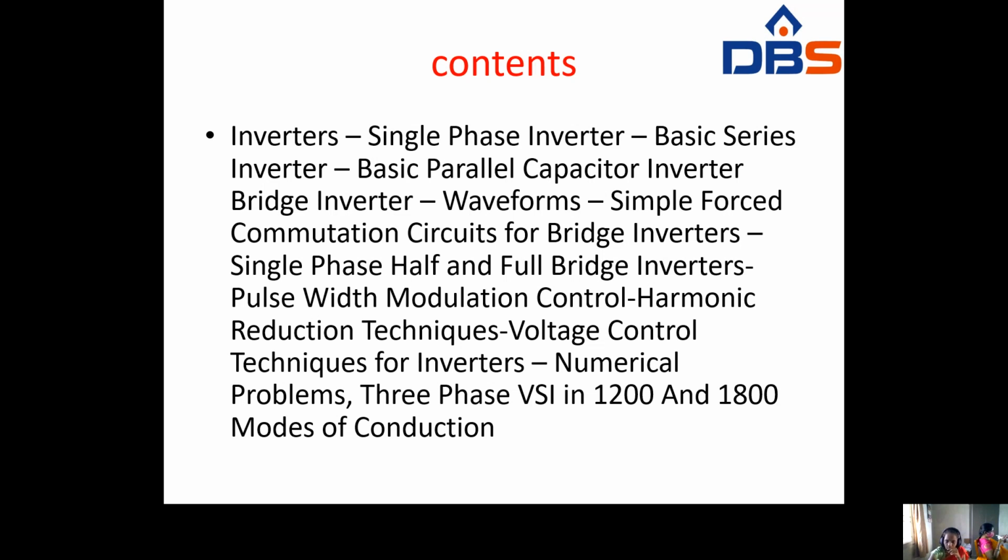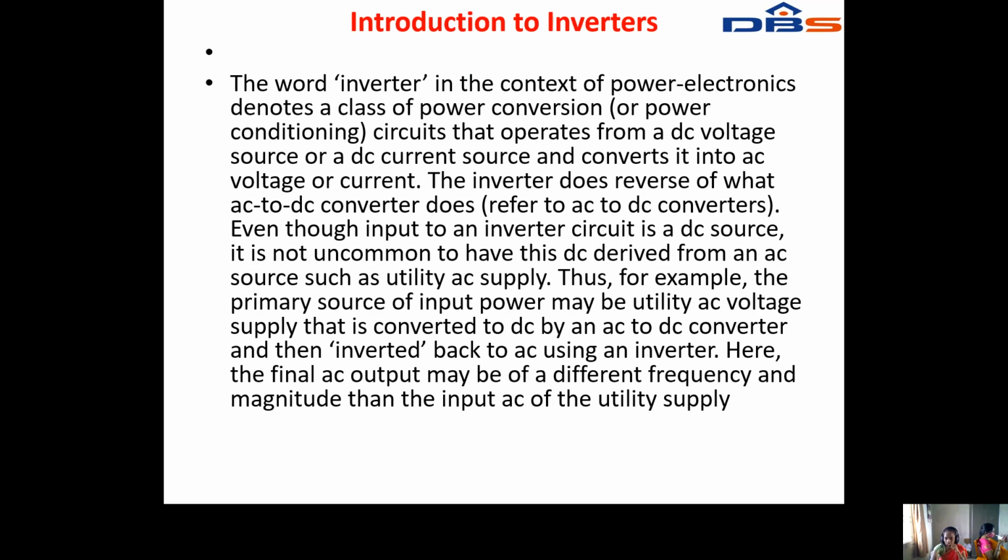So next, the introduction. What is an inverter? The word inverter in the context of power electronics denotes a class of power conversion, which converts DC to AC voltage. It operates from a DC voltage source or a DC current source and converts it into an AC voltage or current.